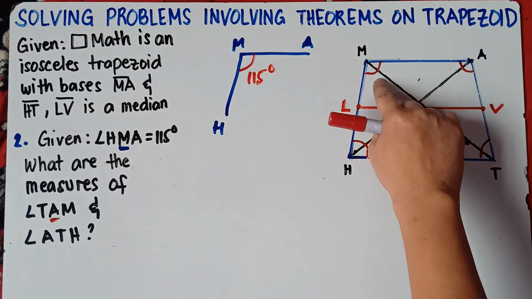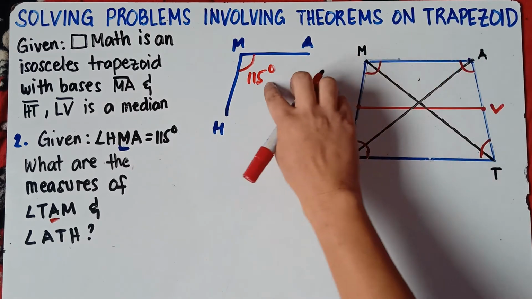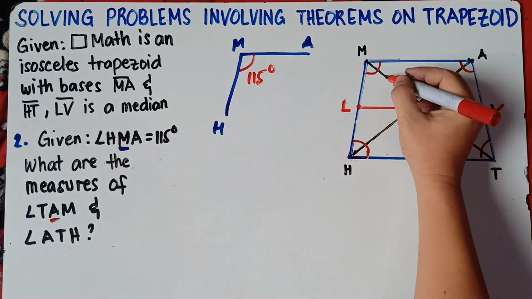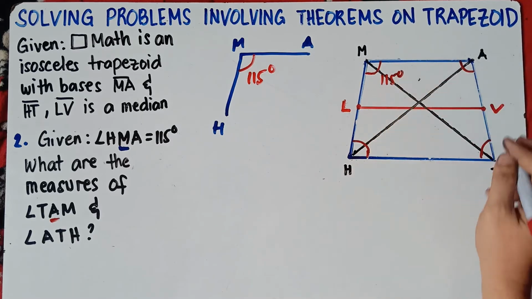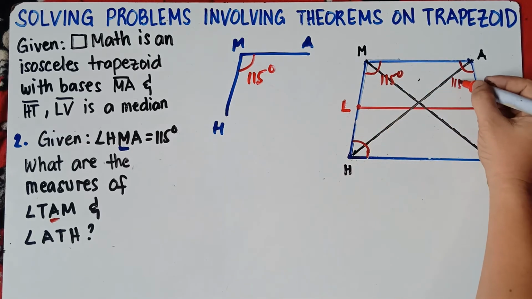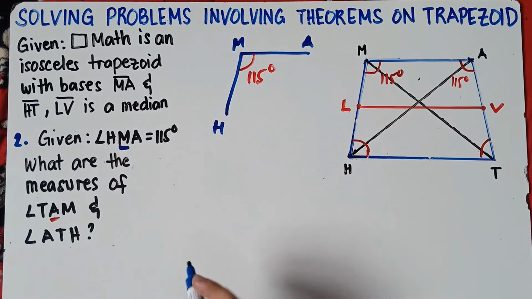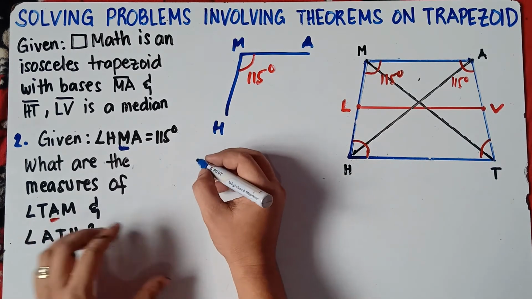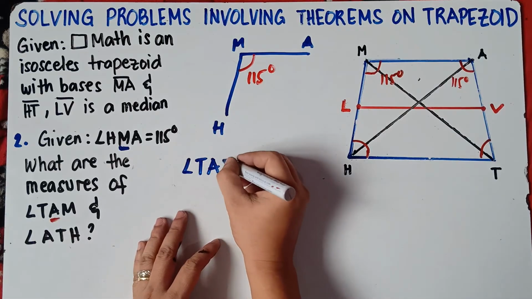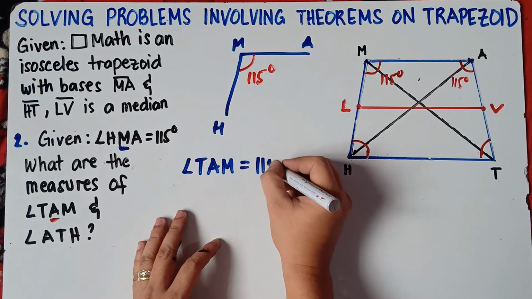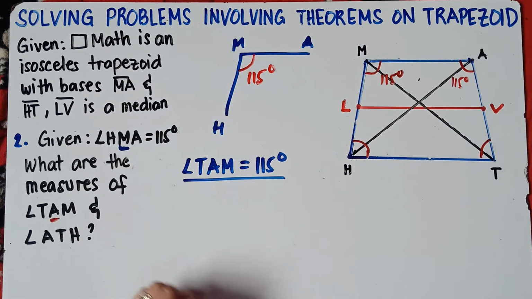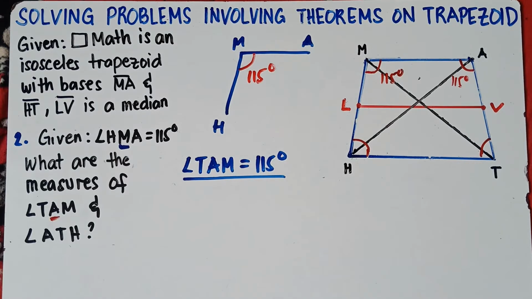So angle TAM is also 115 degrees. Easy, right?